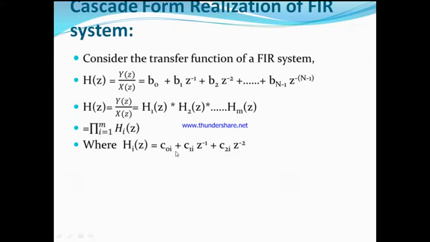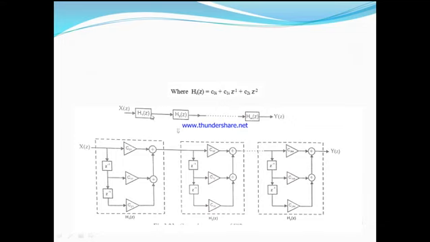Here Hi of z equals c0i plus c1i z power minus 1 plus c2i z power minus 2. This transfer function can be arranged in a cascade form, and individual second order or first order sections can be realized in either direct form structure or linear phase structure. So the overall system is obtained by cascading all the individual sections.